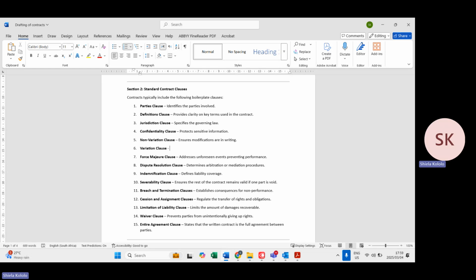And then we've got the severability clause. So this clause ensures that the rest of the contract remains valid if one part is void. So assume that in a part of a contract, remember we also did this when we were dealing with constitutional law, let's say there's literally one clause that is now making the whole contract invalid.